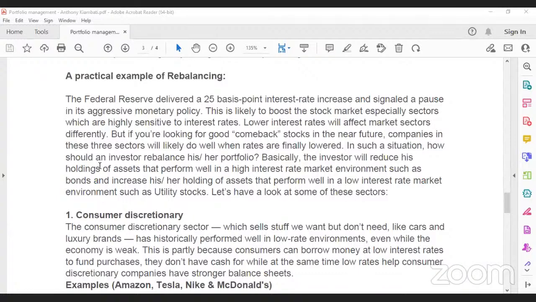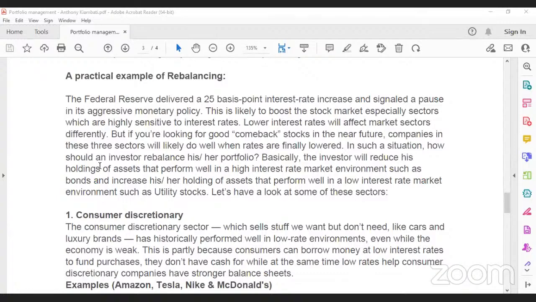So we have two approaches that the Fed uses to control inflation: aggressive monetary policy and a more conservative monetary policy.